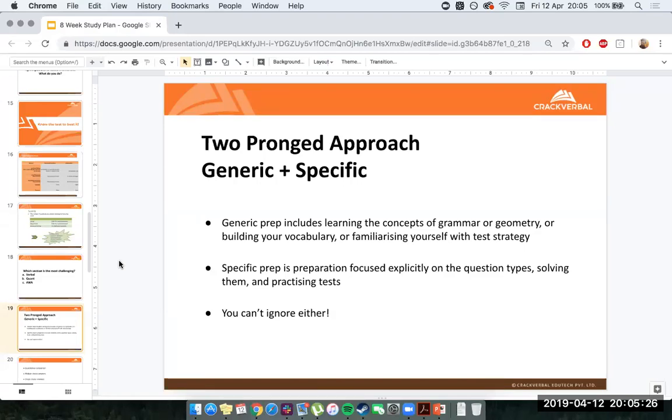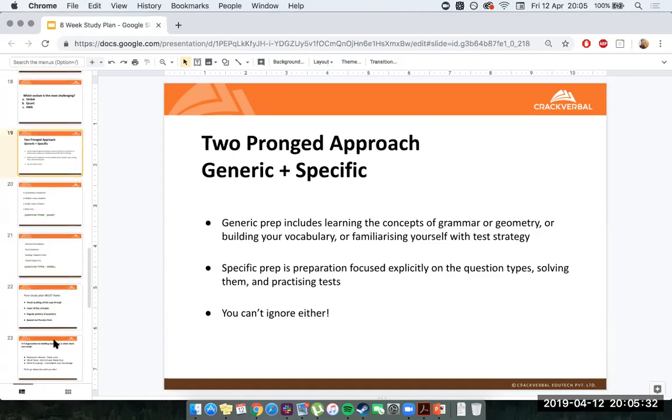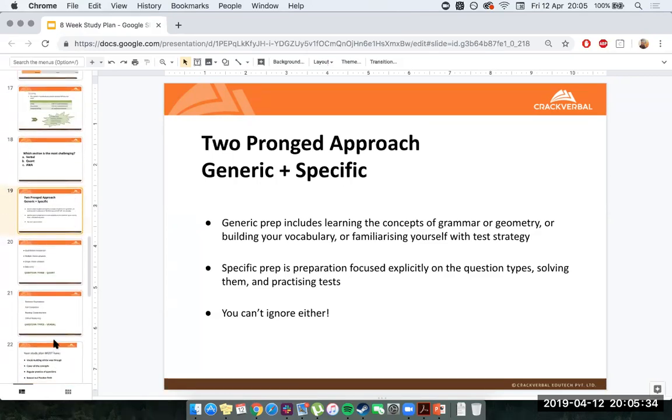But it is a tool that will help you on that front. So naturally, you do need to do some kind of generic prep, right? You do need to do some prep on building up your conceptual understanding, building up your vocabulary, building up the tools that you need in order to take on the test, right?